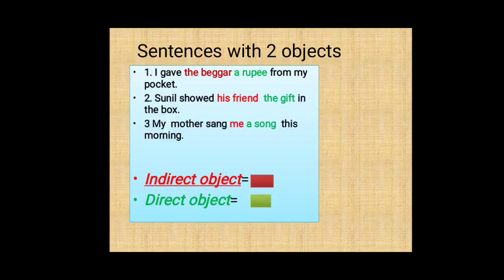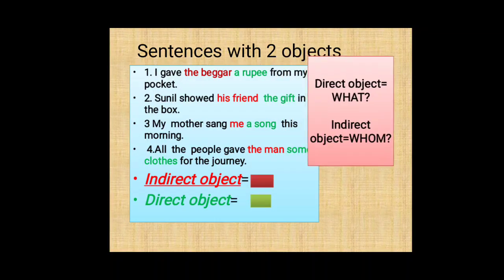My mother sang me a song this morning. All the people gave the man some clothes for the journey. In all the sentences here on screen, the red words are the indirect objects, the answers to the question whom. And the words in green are the answers to the question what. They are the direct objects.